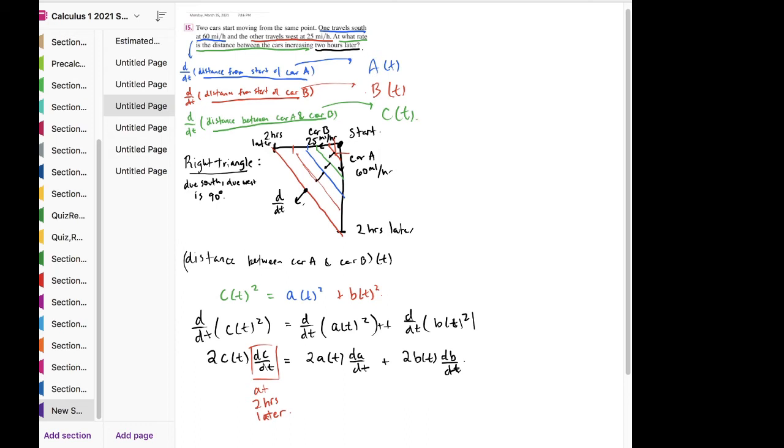Well, what's the obvious one that you can do? Yeah, we know da/dt and db/dt. What are those? Yeah, da/dt is 60, and db/dt is 25.